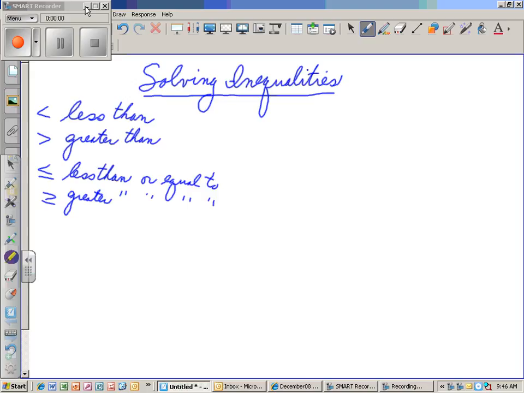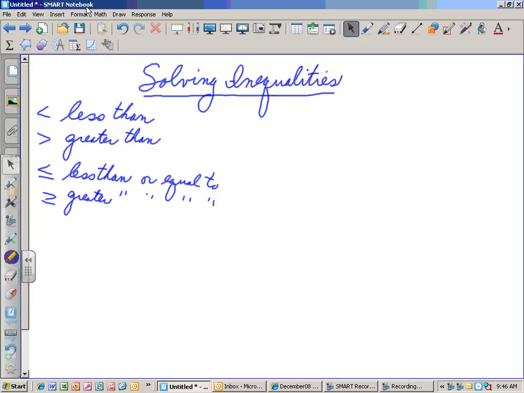What goes along with inequalities is graphing. But we're not going to be graphing on an XY coordinate. We're going to be graphing on a number line. And here's the way we're going to do this. We're going to put a 0 in the middle.